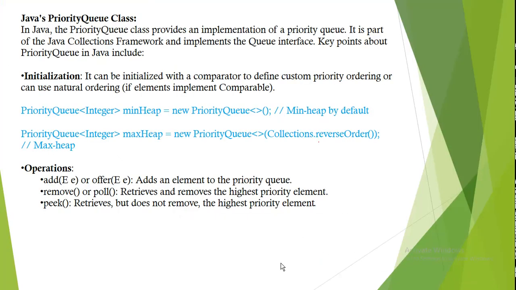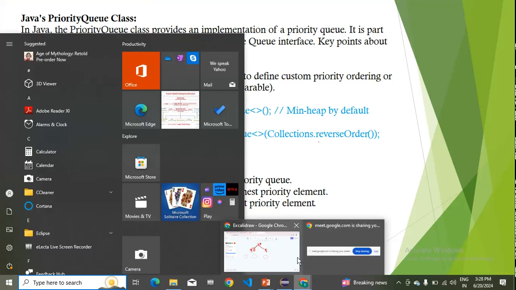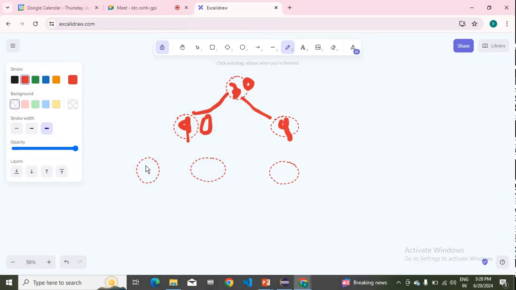Okay, so I think you have understood this concept. If there is any doubt over here, you can ask me. So here it will be storing 2 and 5, and then will be storing 4.